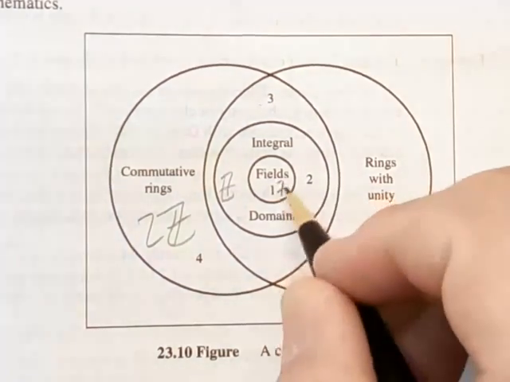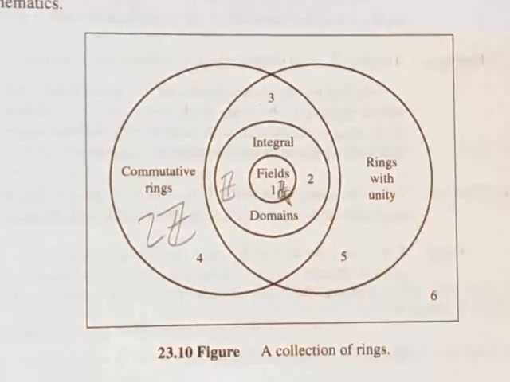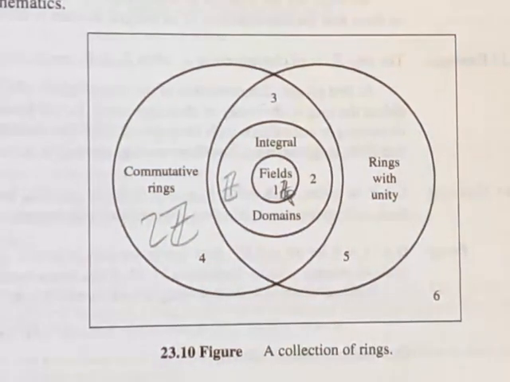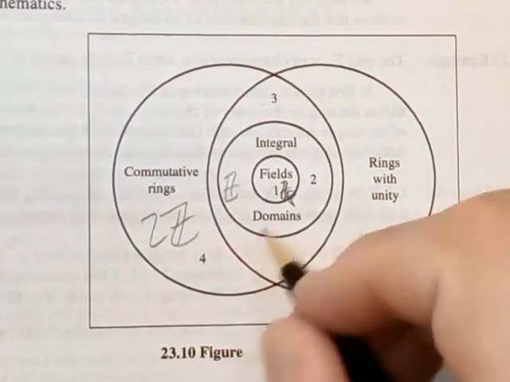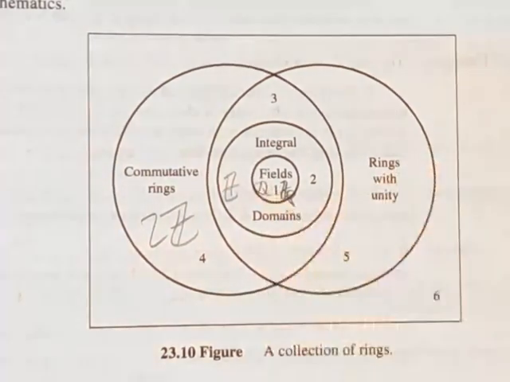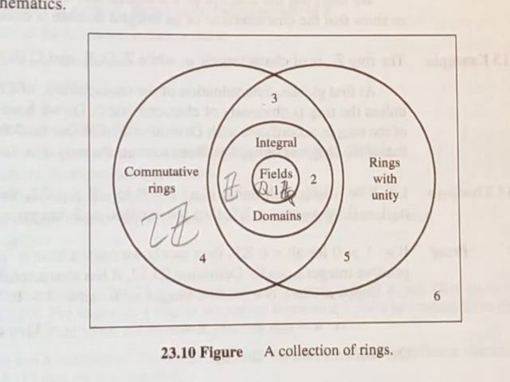What's my other example that we've mentioned today? The rational numbers. Rings with unity that aren't commutative. Where's a ring that has a multiplicative identity, where the order of the multiplication matters? Square matrices.